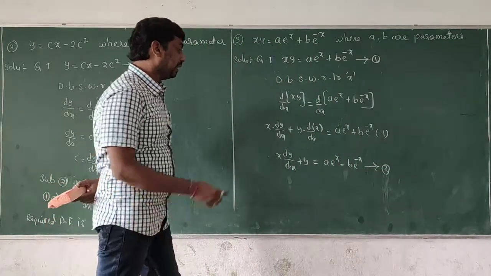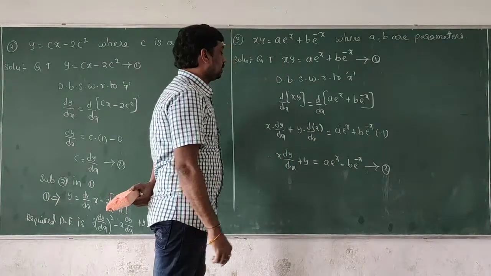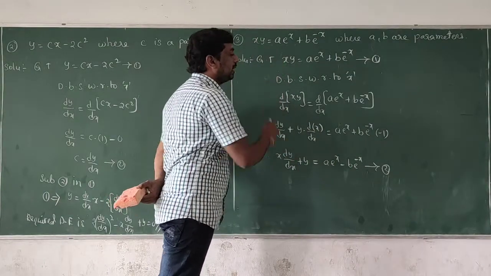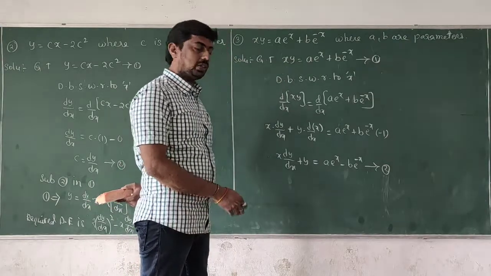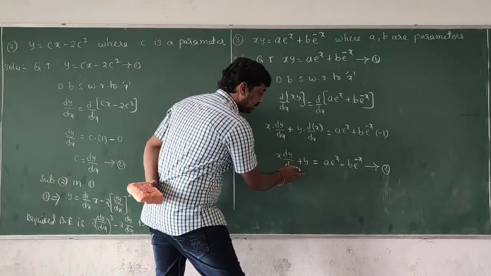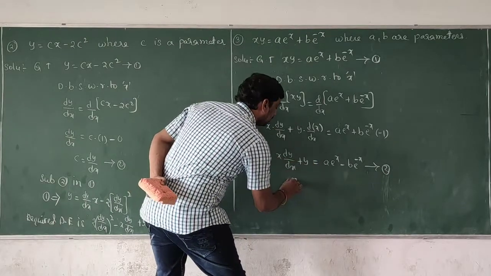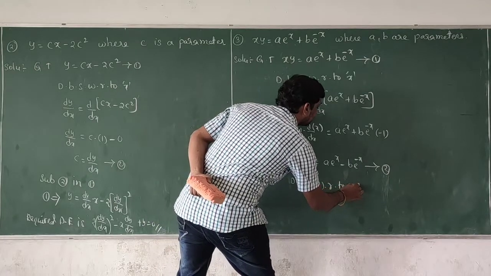Here again we have the parameters in this equation. So two parameters, and only one differentiation is completed. That's why we need to differentiate again, that means this second equation again. Differentiate both sides with respect to x.